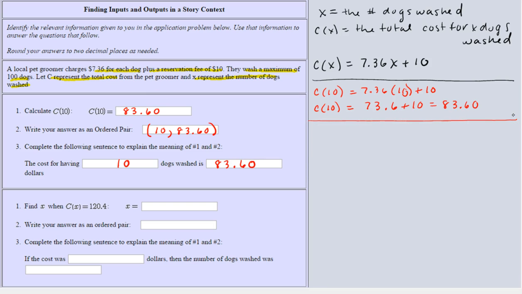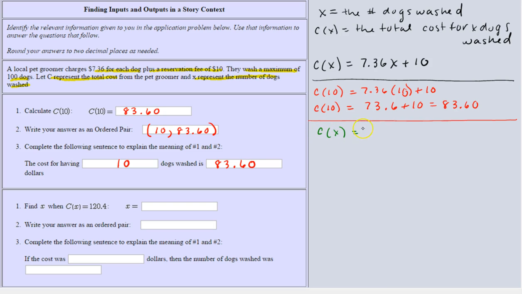Let's look at the next part. Here we're asked to find X when C of X equals 120.4. So this is saying C of X, the total cost for X dogs washed, is $120.40. And we want to find X, the number of dogs washed that amount corresponds to. So let's start with our formula.